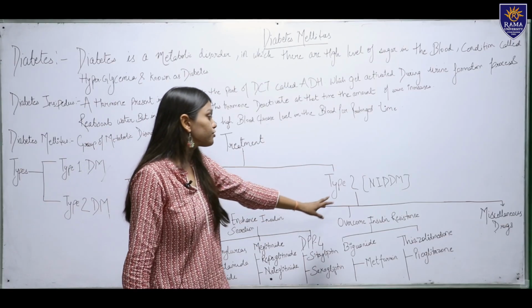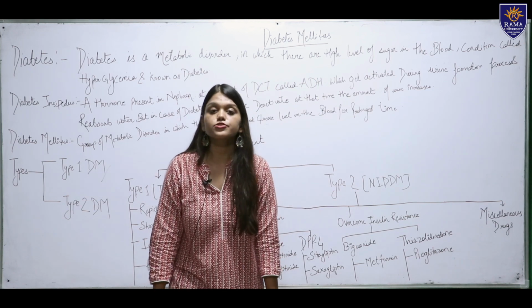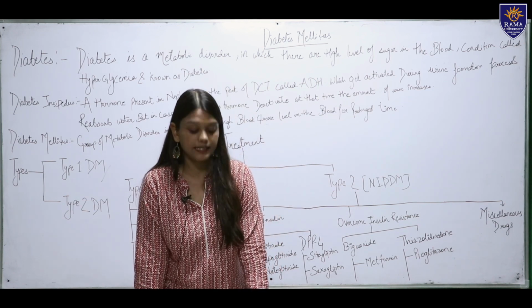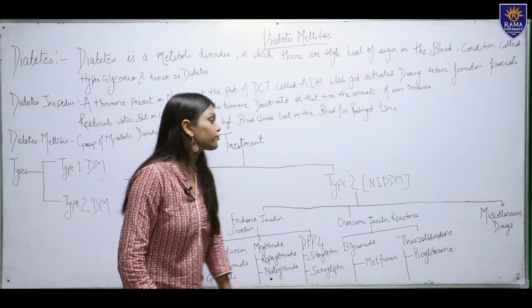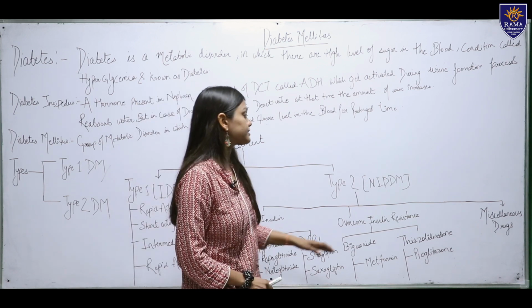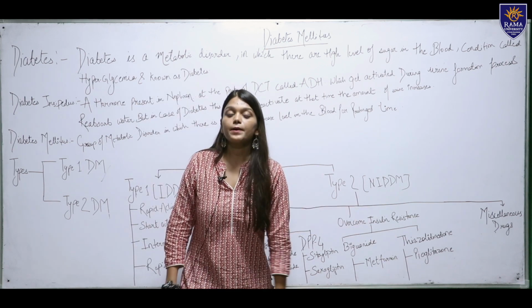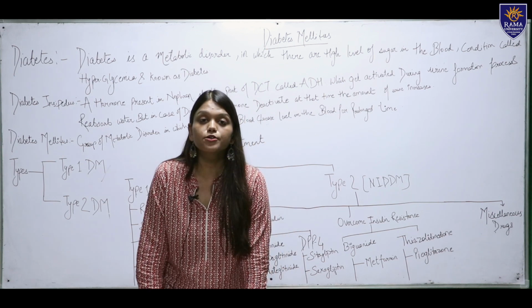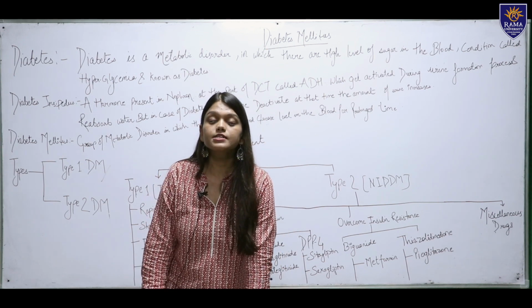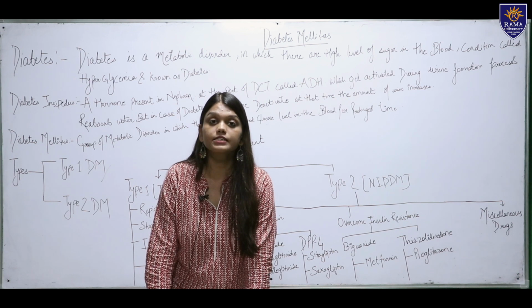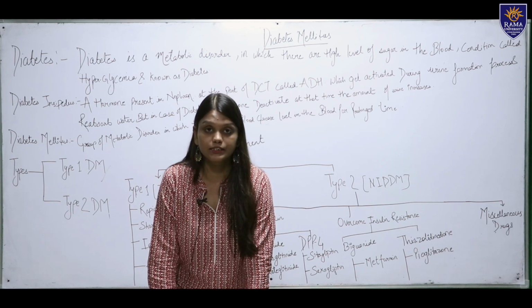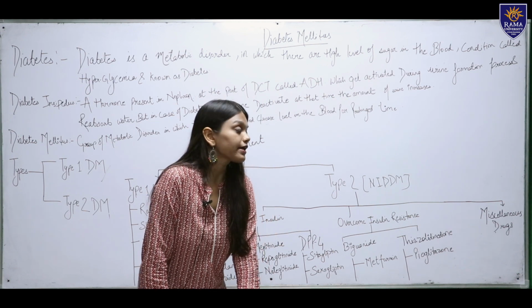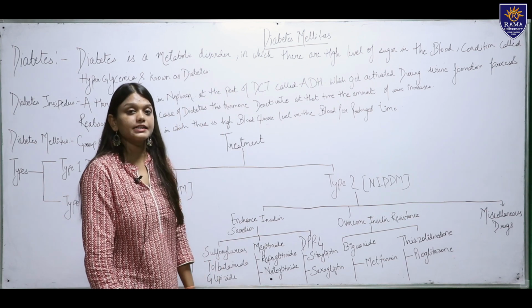Next, we come to type 2, that is non-insulin dependent diabetes mellitus. For its treatment, as we have studied, the beta cells of the pancreas produce insulin, but the body cells are unable to take up glucose as an energy source. For this, we take oral anti-diabetic drugs.